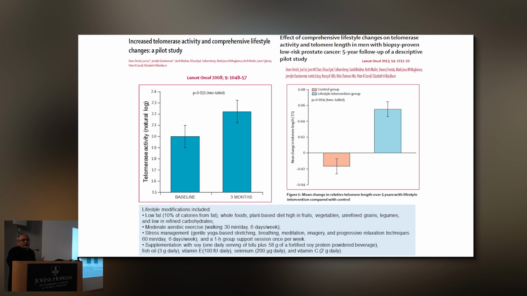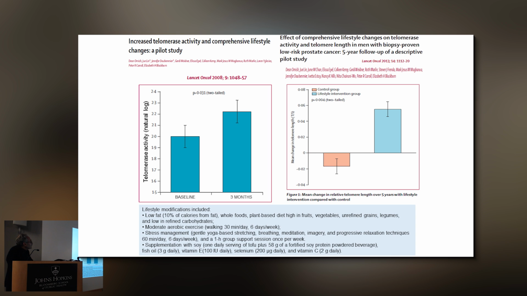This study here is an intervention in prostate cancer patients who are in a watchful waiting situation, where they were opting they would rather not be treated at this point in time. And this is work done by Dean Ornish together with Elizabeth Blackburn. And in their first paper, they observed that adopting this lifestyle that Dean Ornish promotes, with a low-fat, whole food, plant-based diet, with moderate aerobic exercise, some stress management, some meditation, about 60 minutes a day, supplementation with soy, servings of tofu, vitamin E, selenium, and so on.